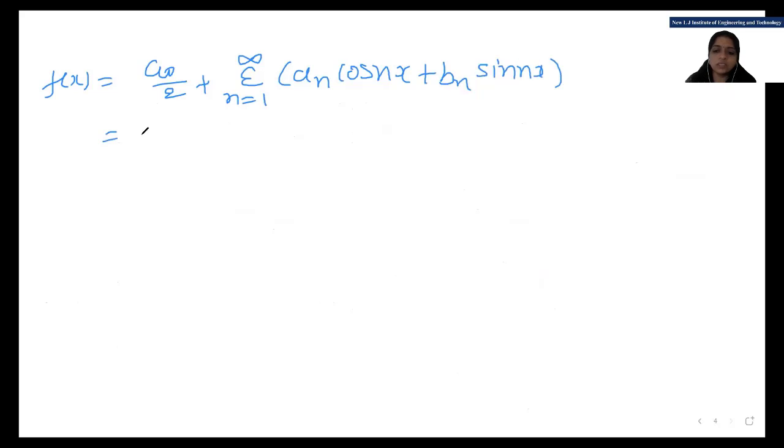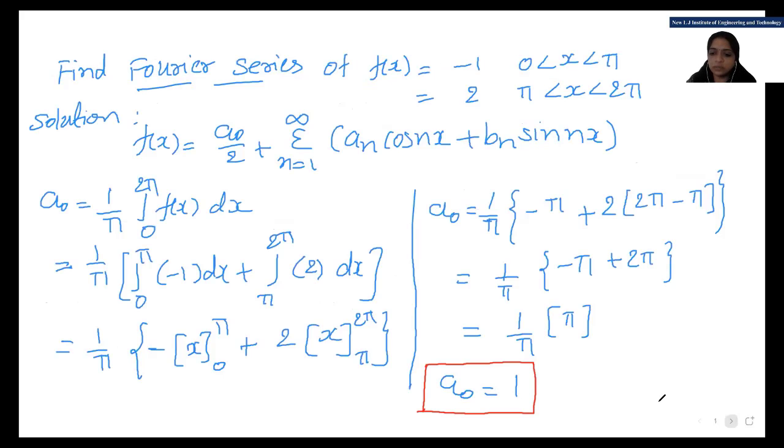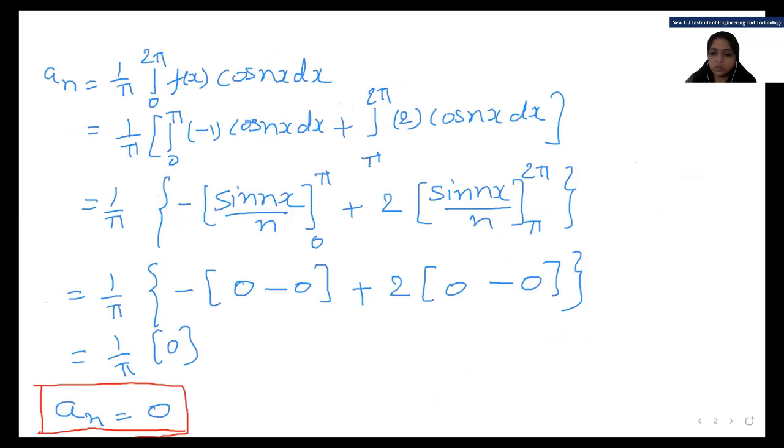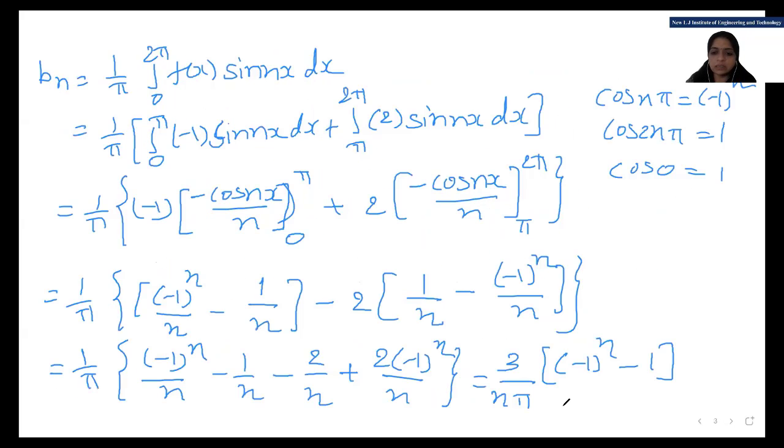Now, as you know, the value of a0 is 1, an is 0, and bn is this one. The value of bn is 3 upon n pi, minus 1 raised to n minus 1.